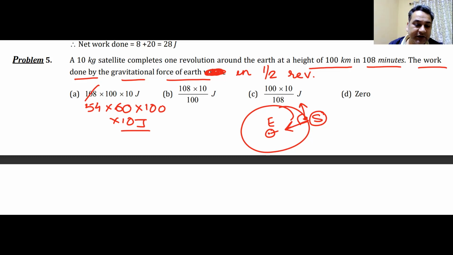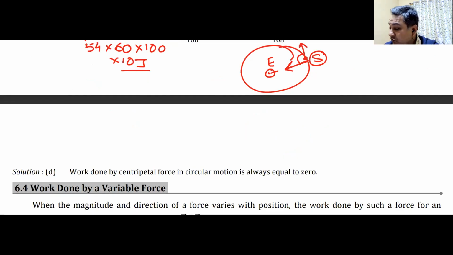And hence, the work done by this force is going to come as zero. Do we understand this? So the answer is zero, no matter the revolution is 1 or half or 1/4 or 1/8. The answer is obviously zero.